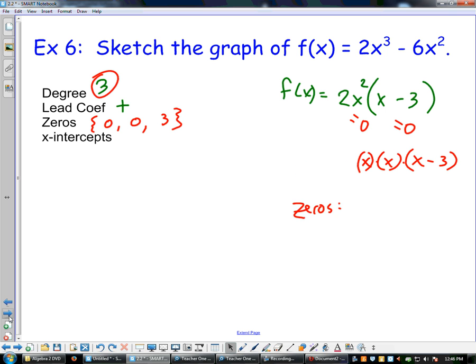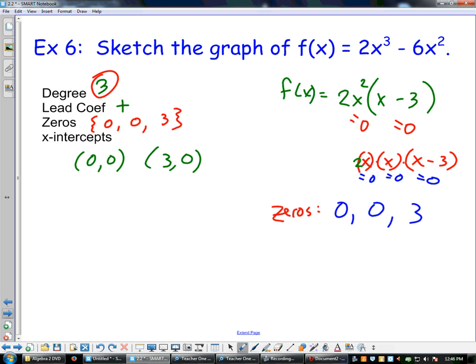Agreed? So that means my zeros, when I set these each equal to 0, I'm going to get 0, 0, and 3. True? Is that okay? I mean, I could squeeze the 2x in here if you'd like and make that a 2x, but when I set it equal to 0, I'm still going to get 0. Okay, so where are the x-intercepts? 0, 0, and 3, 0.